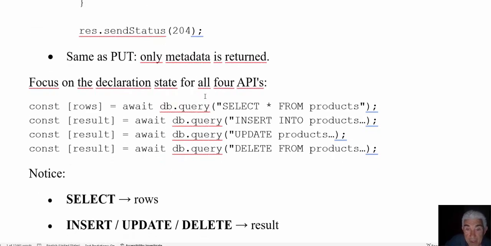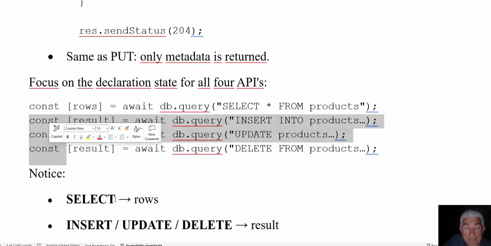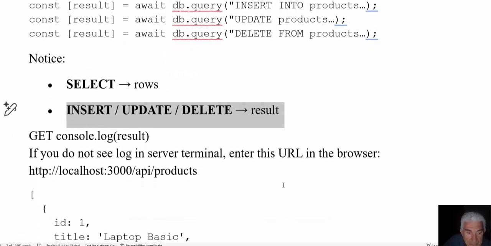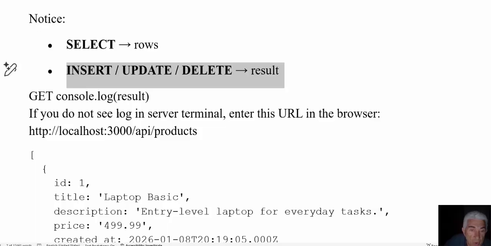Focus on the declaration statement for all four APIs. You see, only the first is rows, for get, for select, and for the three others, insert, update, delete, there is result. Notice: select rows; insert, update, delete result. Get console.log result.